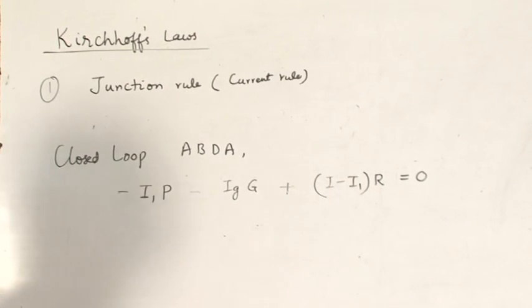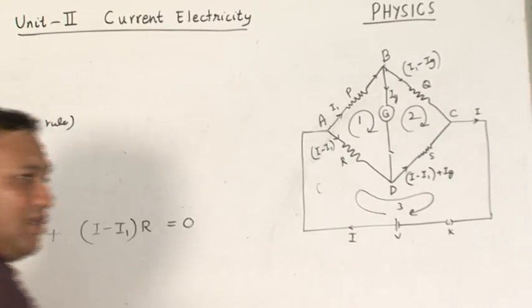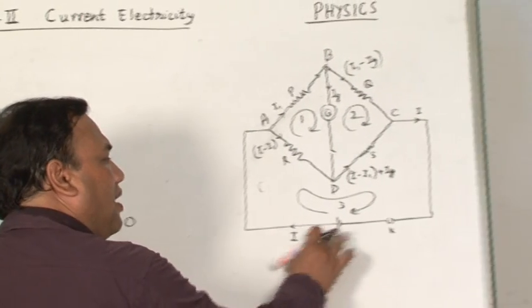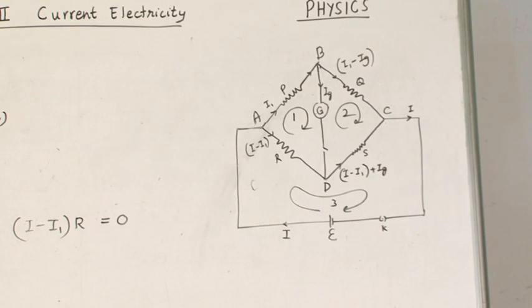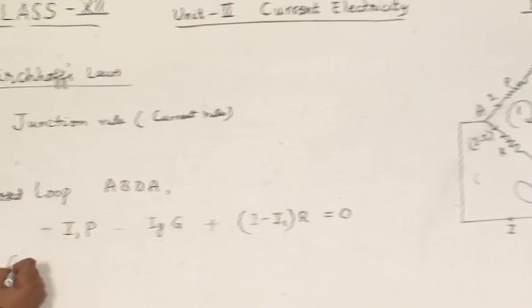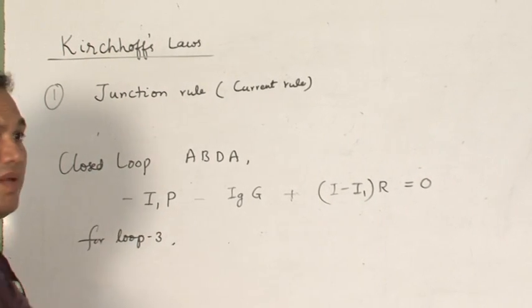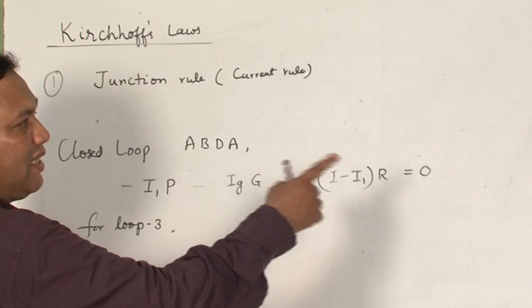One more example I can give you. Consider this loop, loop number 3, the third loop. Why I have selected this third loop is that here one cell of EMF E is also appearing. So in that case, you should come to know how to apply the Kirchhoff law. Now, for loop number 3, start from point A. You are going in the direction of current.